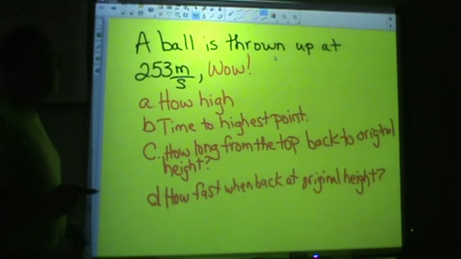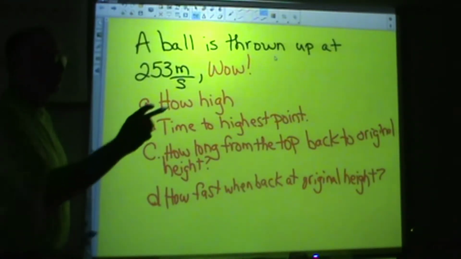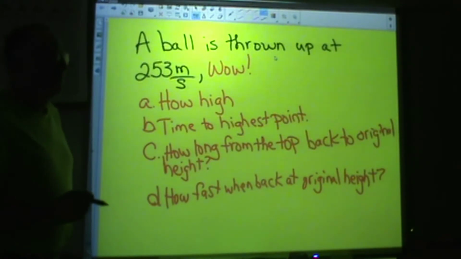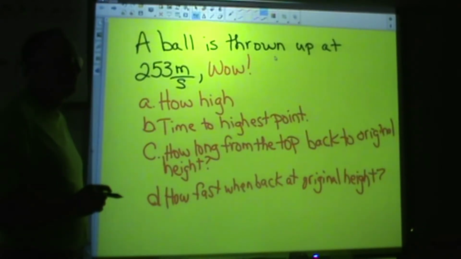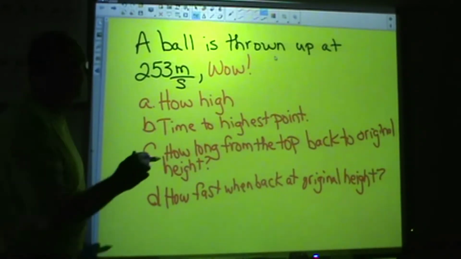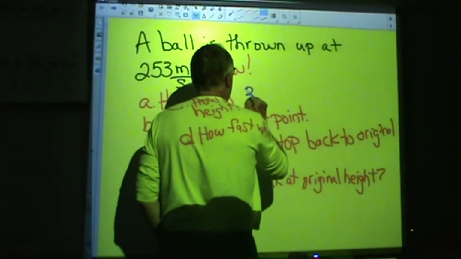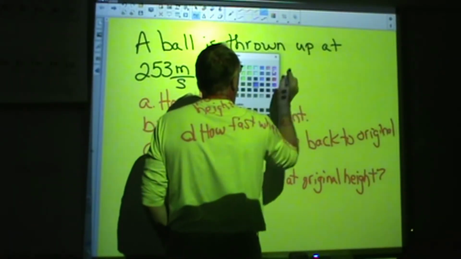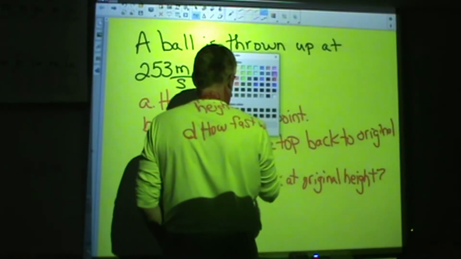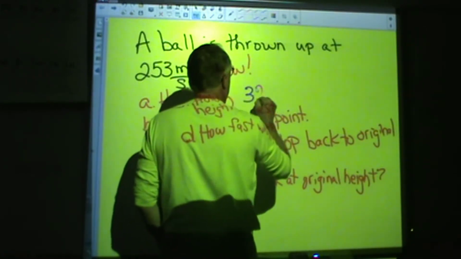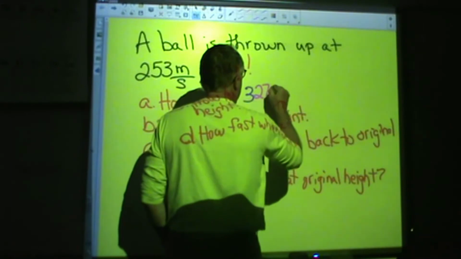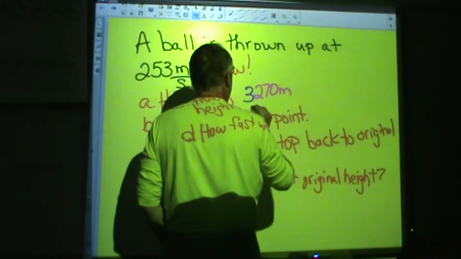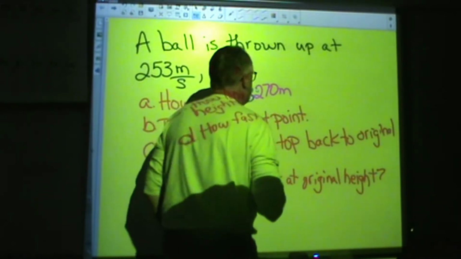For A, how high did we actually get to? If you have it down, I remember like 3260. 3270. Yeah, that's what it is. So that's not the right color. Oh, I can see it. There we go. 3270.